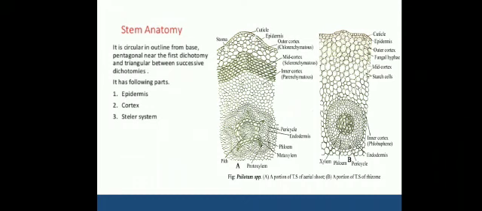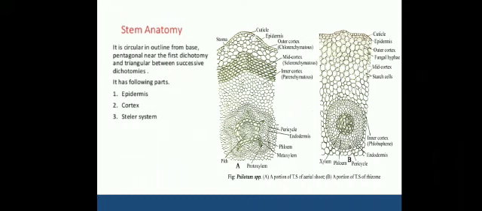Stellar region of the aerial shoot shows an actinostelic protostele with 5 to 6 xylem rays. The xylem rays are exarch in nature. Phloem lies in the outer portion covering the xylem beneath the endodermis. Phloem is made up of thin-walled cell elements and sieve tubes.